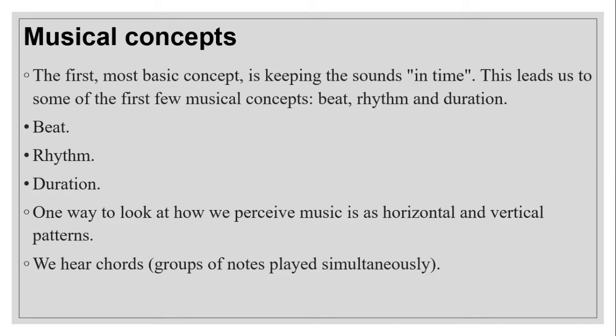And secondly, we hear chords, which is a group of notes that we play simultaneously in a vertical pattern. It's a mixture of one or all three of these elements such as melody, rhythm, chords, and of course a silent form of musical pattern.